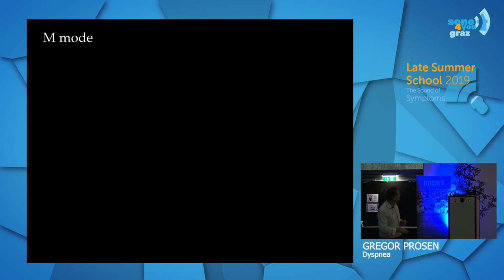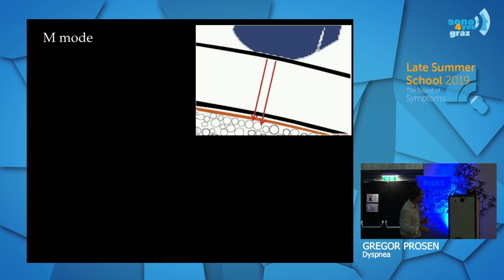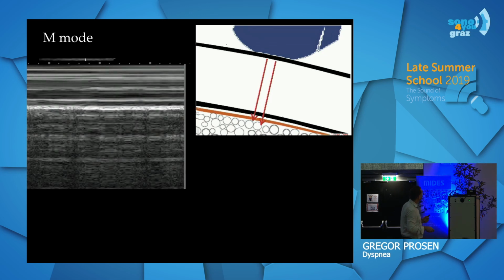Lung point, very good. And in M mode, barcode, this is what I see was your pet peeve. This is the normal pattern in M mode. It is called the seashore sign. You heard of that?